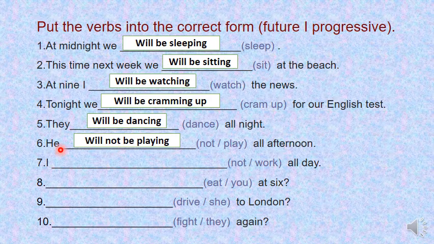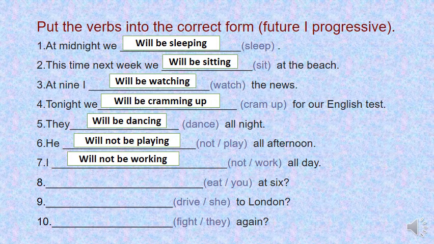So the sentence will be he will not be playing all afternoon. I dash not work all day. So the correct answer will be I will not be working all day.